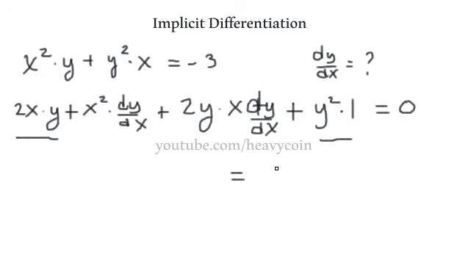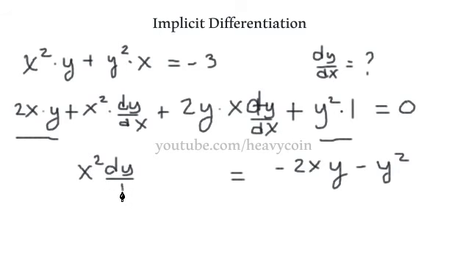So that's going to end up becoming, let's see, negative 2xy, that would be this piece here, and then we're going to take this over, so minus y squared, and we're left with x squared dy over dx plus 2yx dy over dx.